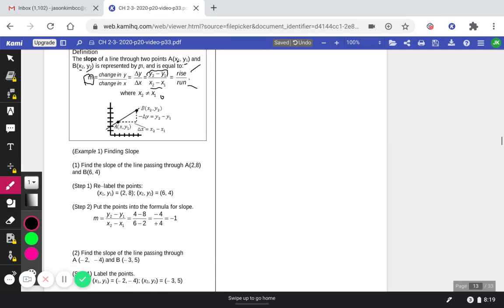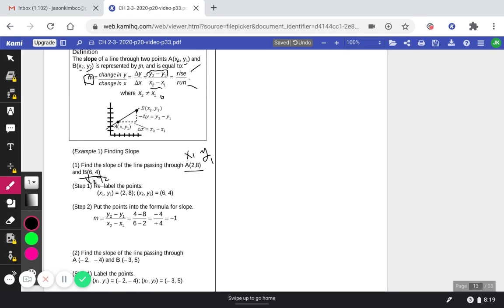So now again, let's do some practice. How do you find the slope when they give you the 2 points? First thing you do is relabel the points. So this is x1 and this is y1 and this is x2 and y2.